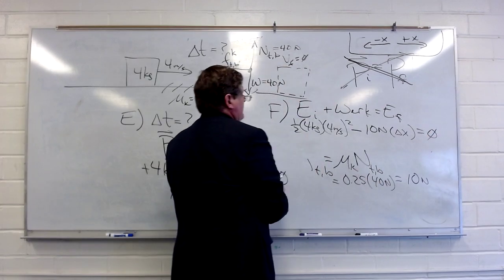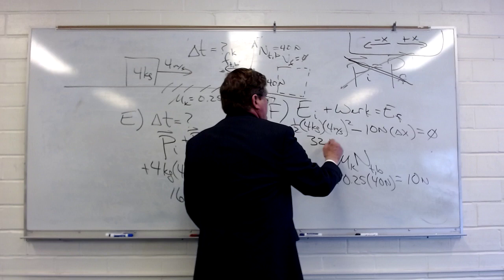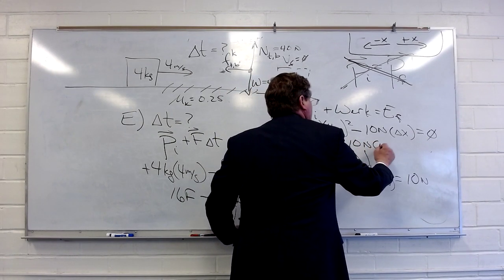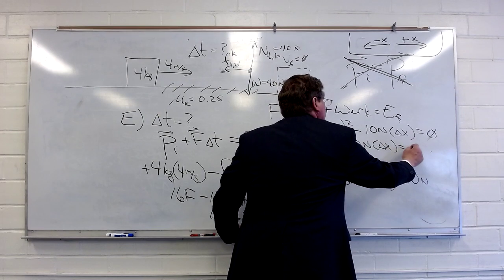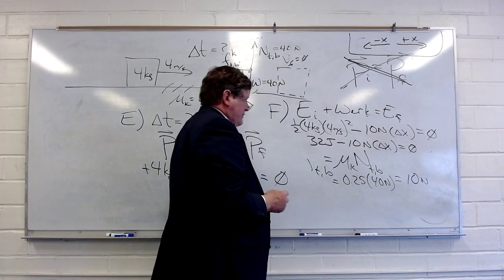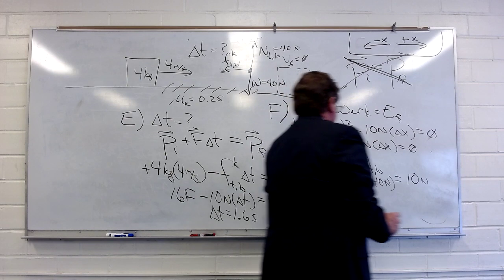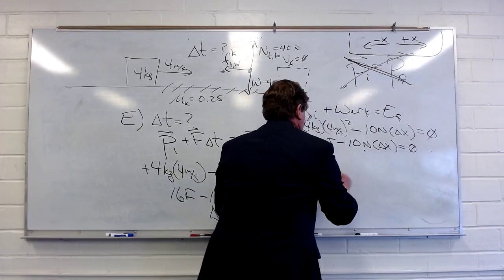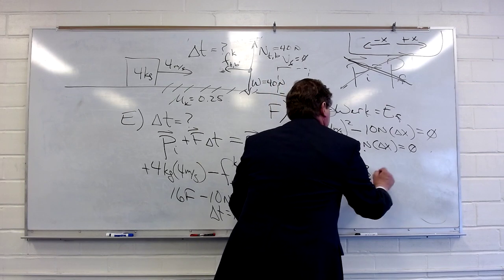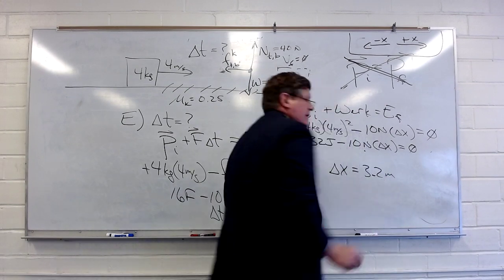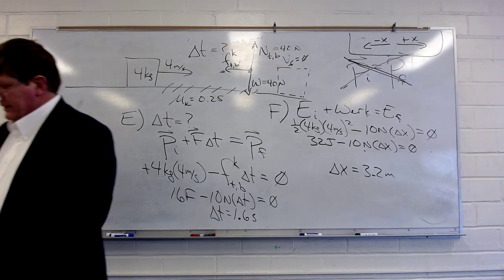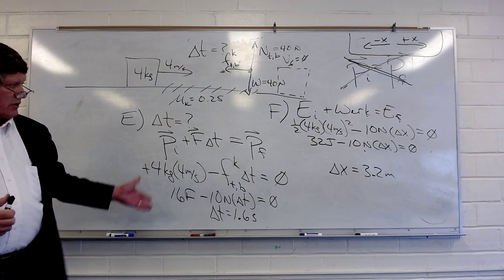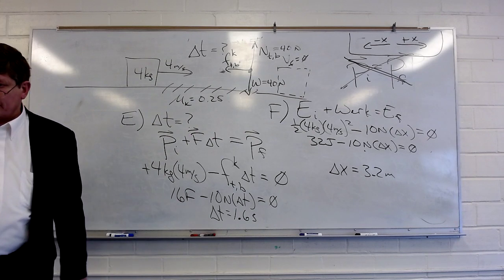Well, in this case, that would be 32 joules minus 10 newtons delta x is equal to 0, and that's going to give me a delta x of 3.2 meters. That wasn't part of the homework problem, but had I asked that on an exam, you should be able to work both of those problems.